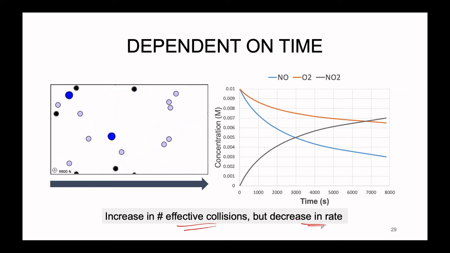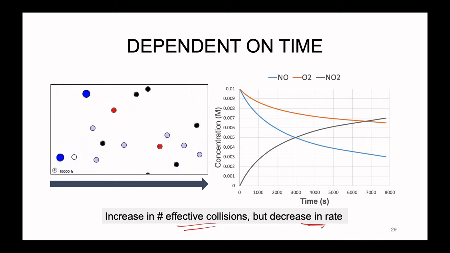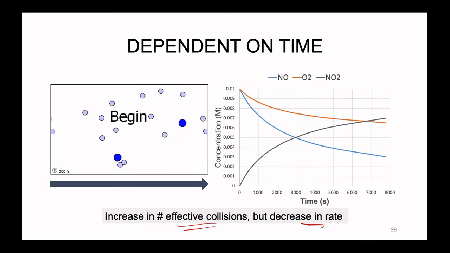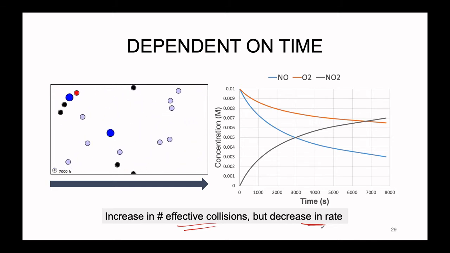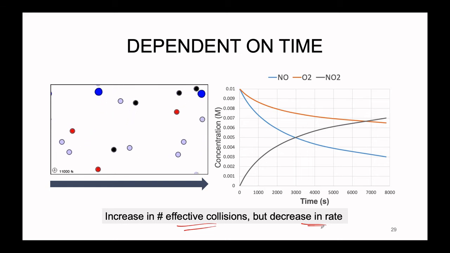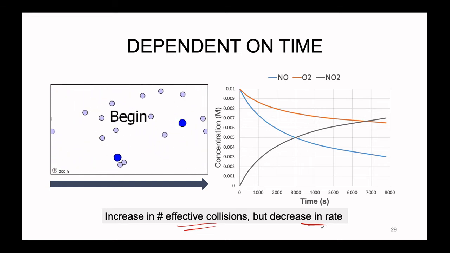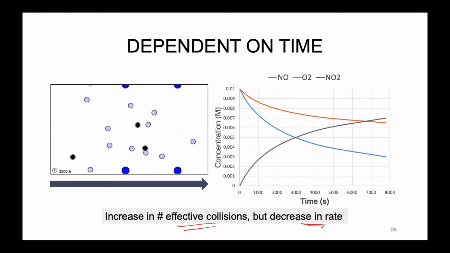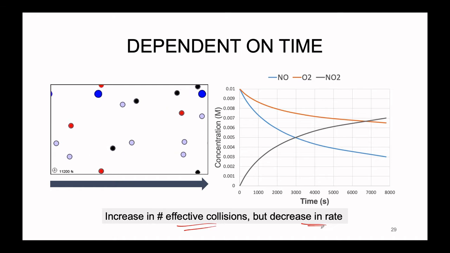At the start of a reaction, we have, let's say, potentially two different reactants, and as these things collide, we can see here that the little circles change colors. They all start either light blue or dark blue, and as this reaction moves forward, we end up with more black circles and red circles representing the creation of products. But we can see that there's this really rapid start of the creation of this black product, and the red product kind of pops up.